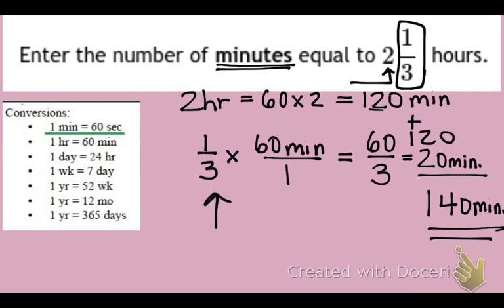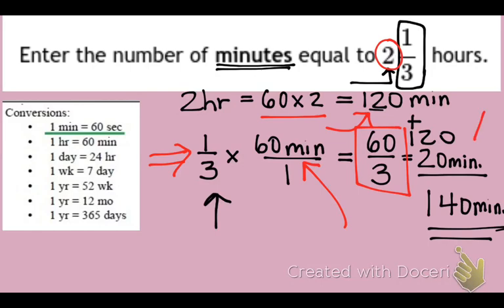So let's go through those steps one more time, just so you can clarify. First thing is we're finding this whole number of 2. That's the easy part. 60 minutes in 1 hour, so in 2 hours, there would be 120 minutes. Just multiplying 60 times 2. Next step is like what we did initially. We took this fraction, 1/3, multiplied it by the 60 minutes, because that's how many minutes are in an hour, to get 60 over 3, which is equal to 20 minutes.